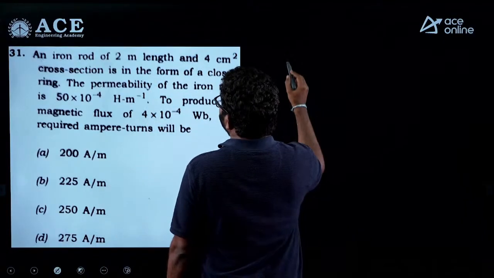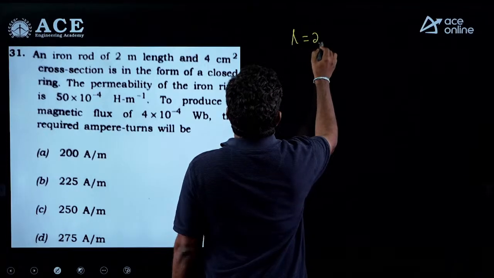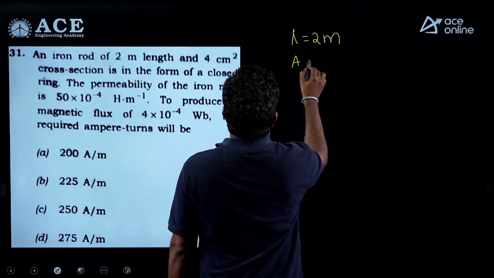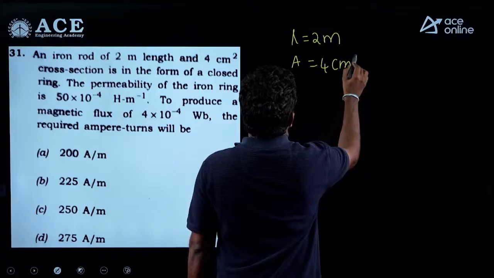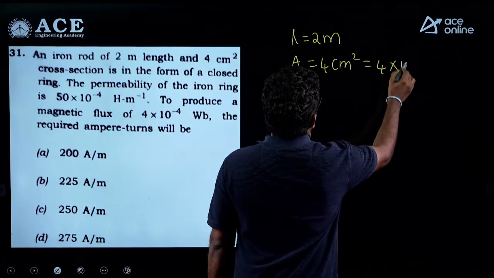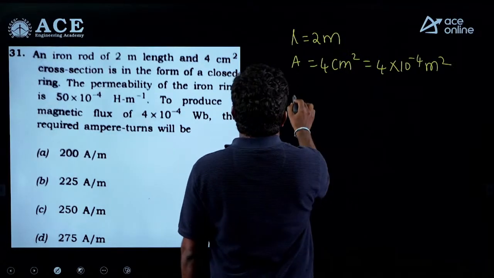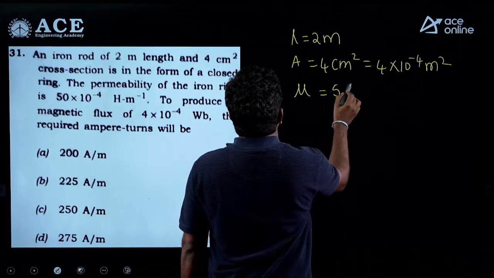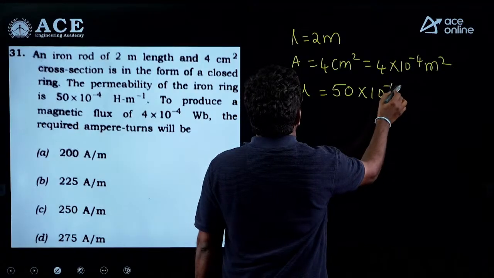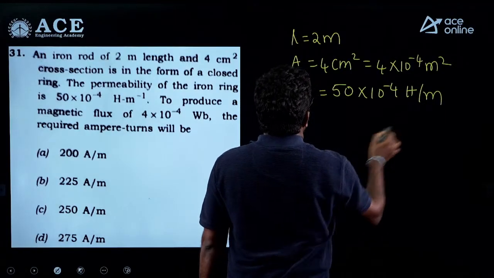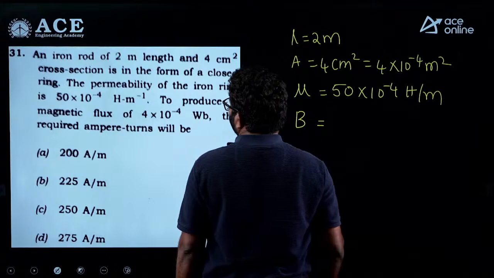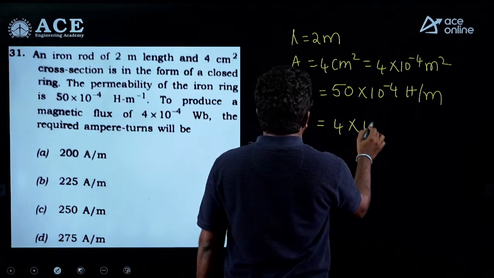Remember, the length of the coil is given as 2 meter, the area is given as 4 centimeter square, which I am converting into 4 into 10 power minus 4 meter square. And permeability mu is given as 50 into 10 power minus 4 Henry per meter, and the magnetic flux is given as 4 into 10 power minus 4.